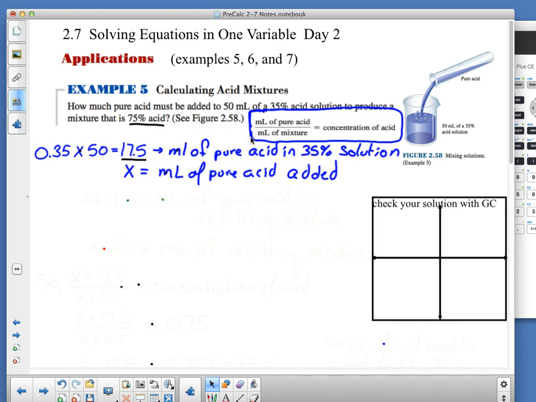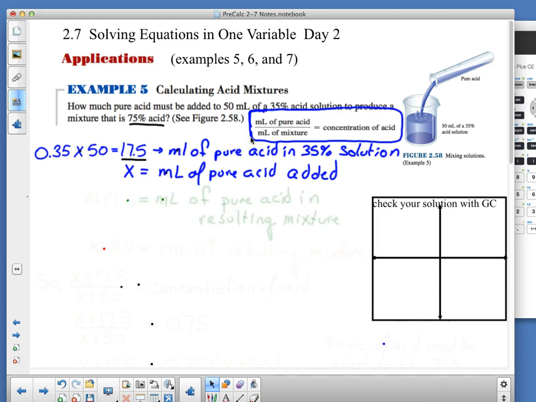Remember, I'm going to add pure acid to my 35% mixture to increase it to 75%, so what I add has to be a higher concentration. In this case, it's pure acid: 100% of whatever I'm adding is acid.